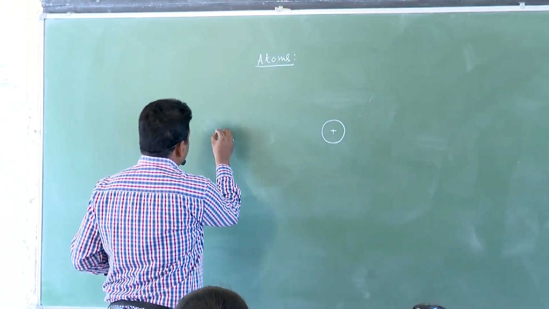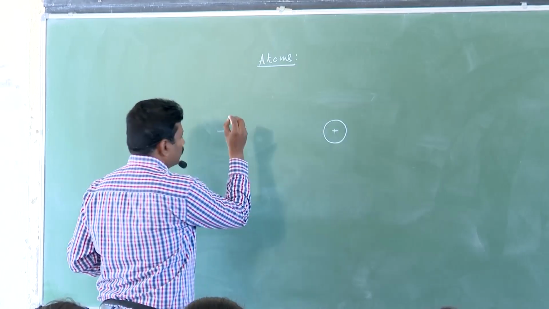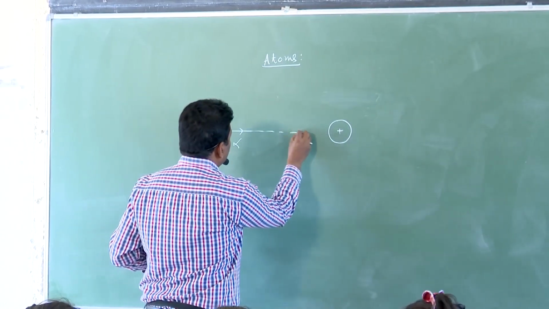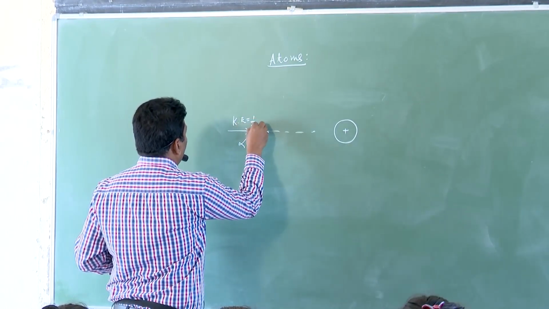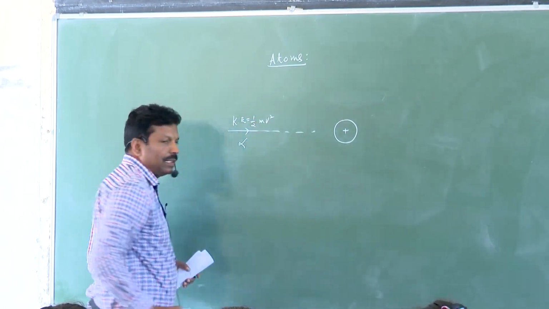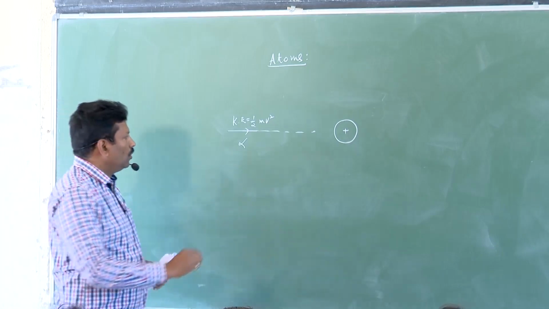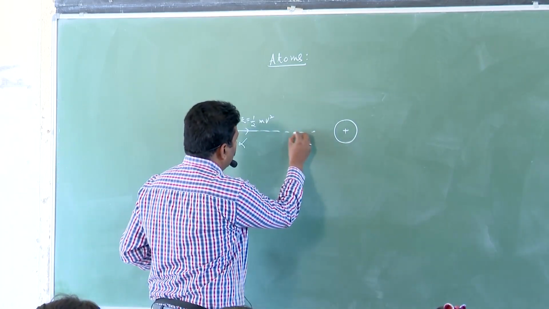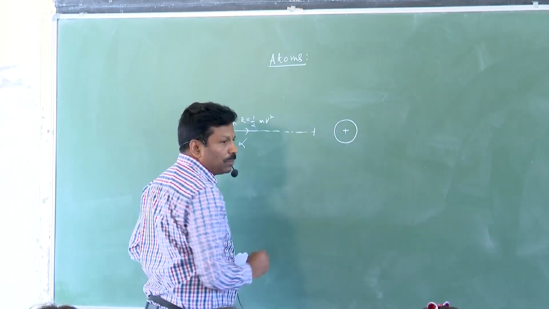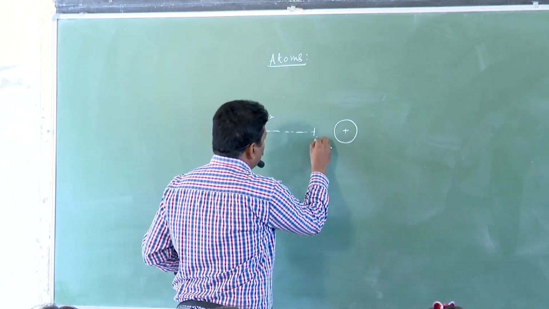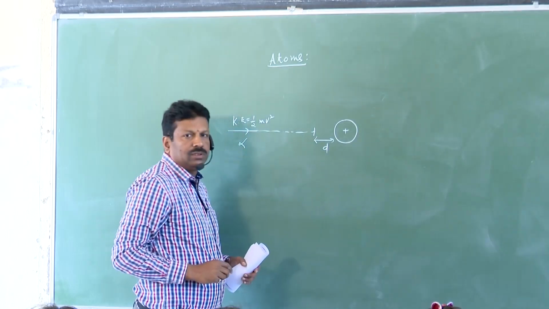Now the alpha particle is traveling in this direction. When it travels, it has a kinetic energy of half mv squared. At some point it stops and returns. This is called the distance of closest approach.